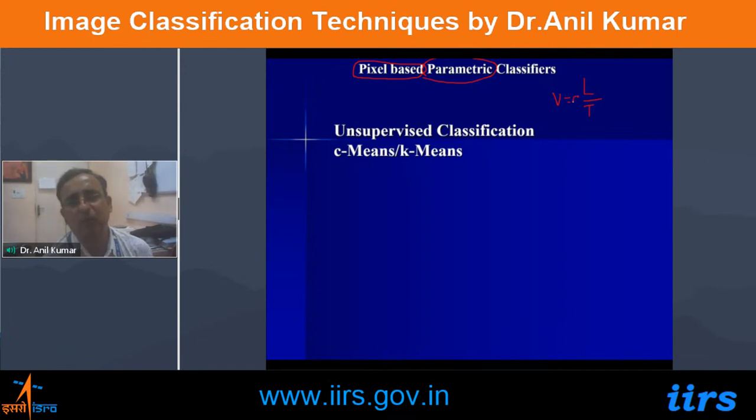You have to use some coefficient C. The coefficient C for canal water speed may be different in India, Kenya, or Mauritius, so C has to be optimized. If you don't use C, that means for given data the algorithm behaves the same. The data can be different, but the algorithm behaves in the same way. Then it is called parametric. But if the algorithm does not behave the same and you have to optimize every time, then it's called non-parametric. So here I'm talking about pixel-based parametric classifiers.